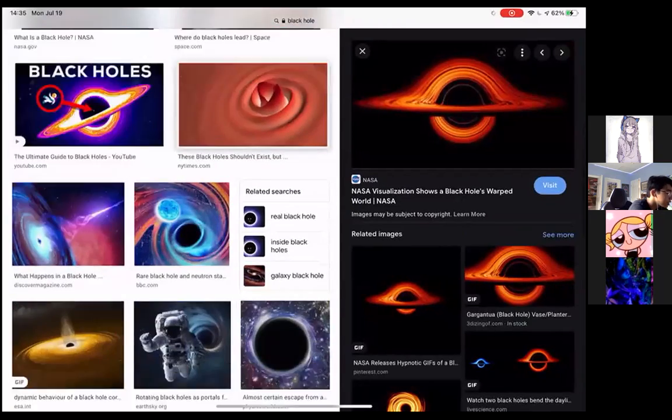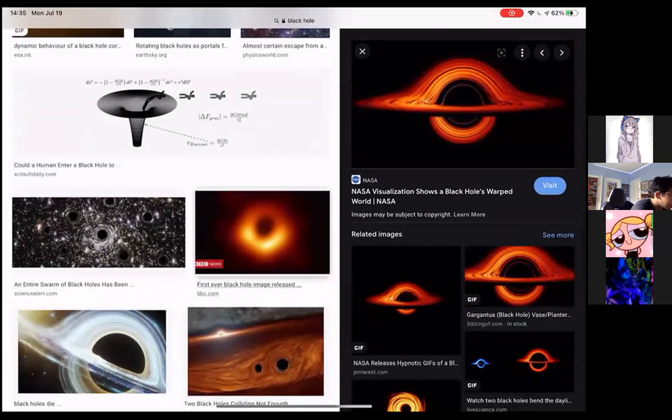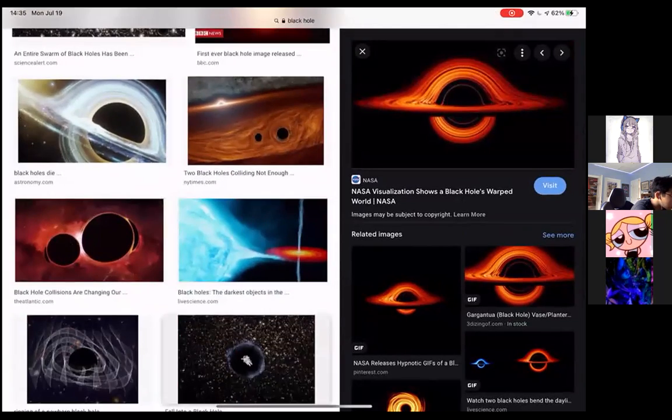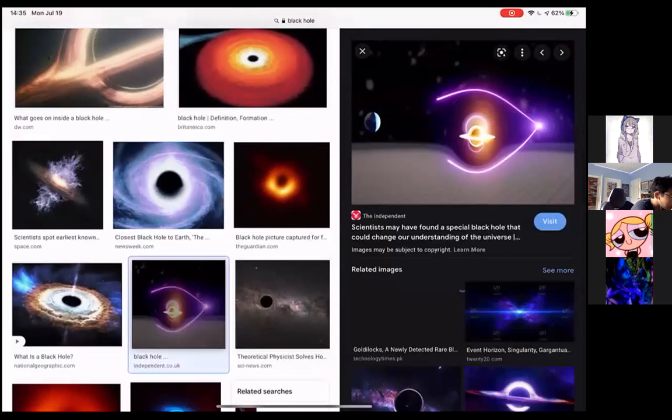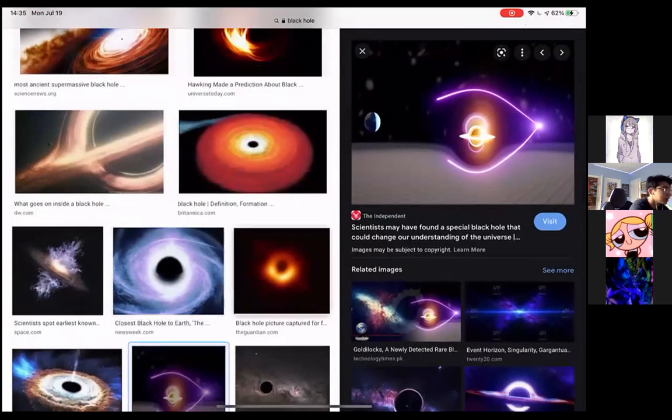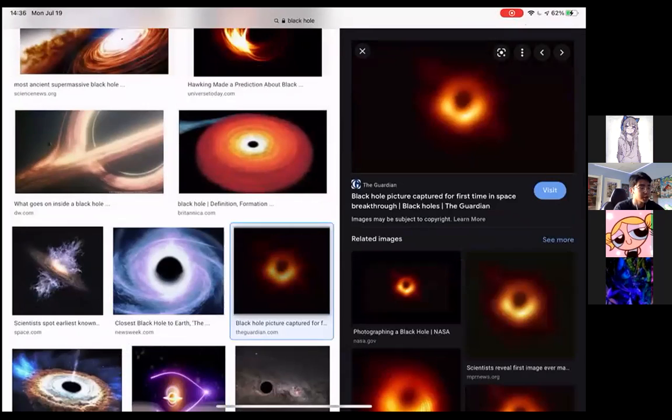All these images you see here are wrong. These are all illustrations that some person drew. The only true image of a black hole that we have is this one. So if you see a black hole that isn't this one, then you know that it's an illustration.